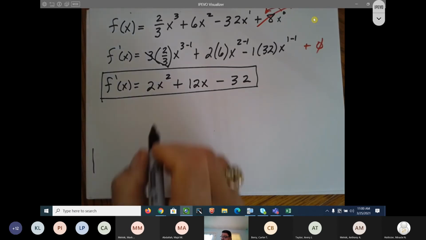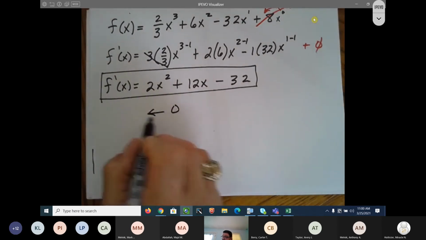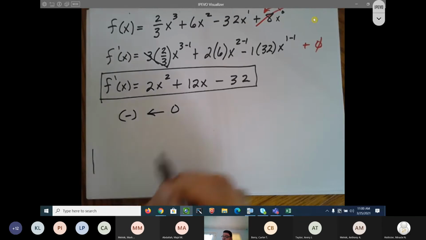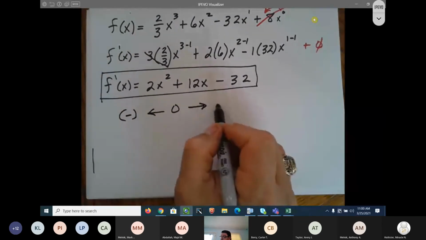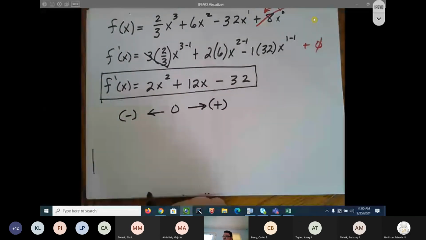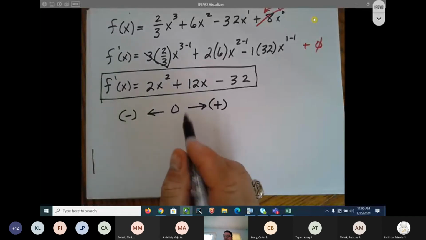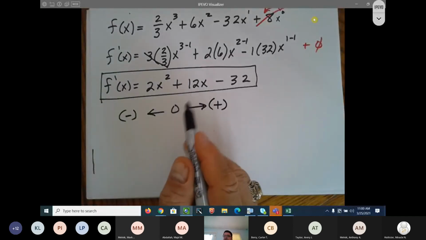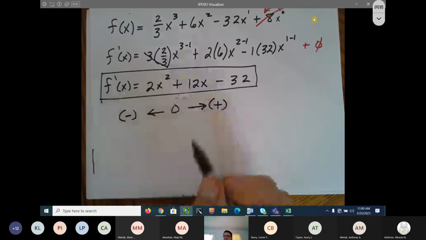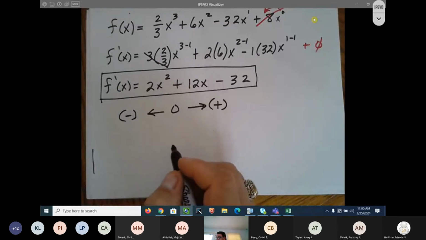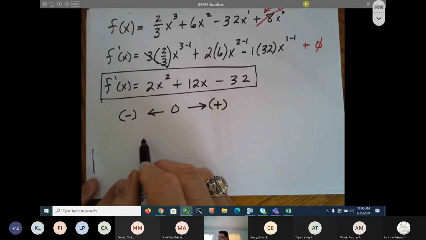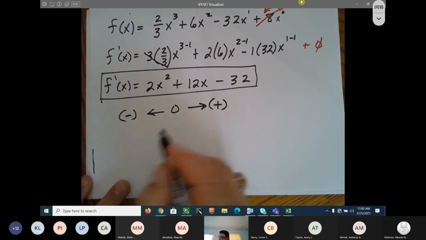Because what's to the left of 0? And what's to the right of 0? So if you find 0, you find the numbers that give you negative numbers and the numbers that give you positive numbers. So, oh my gosh, we're doing completing the square.